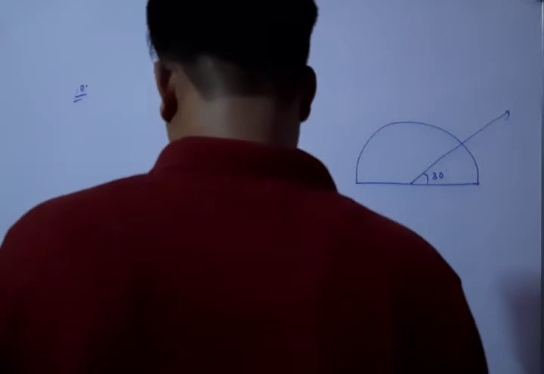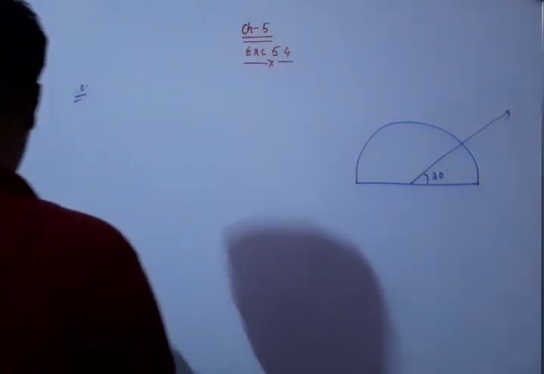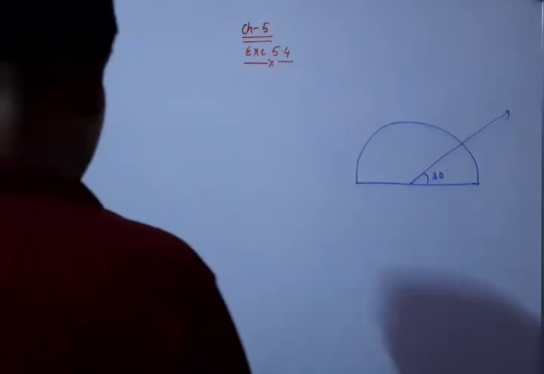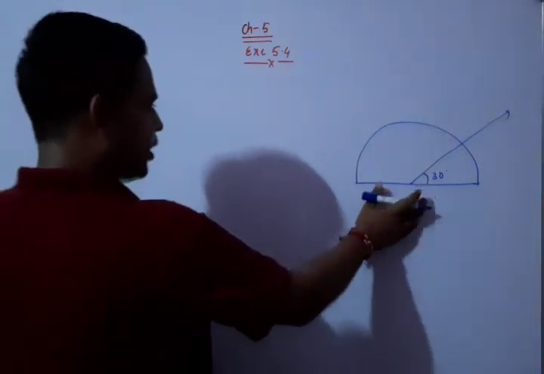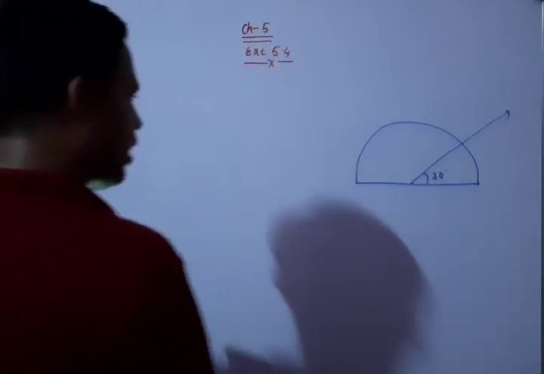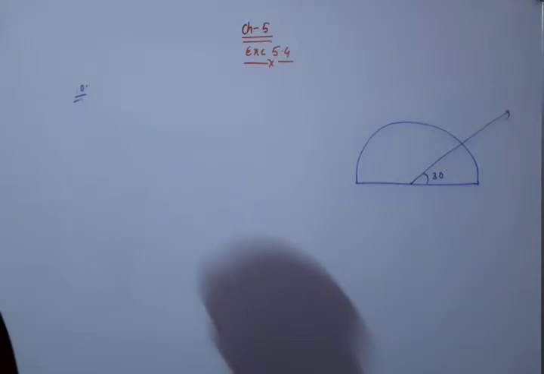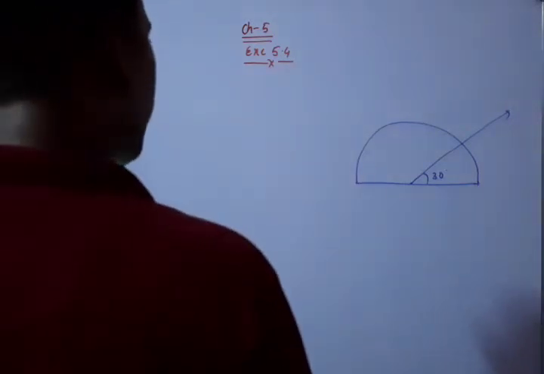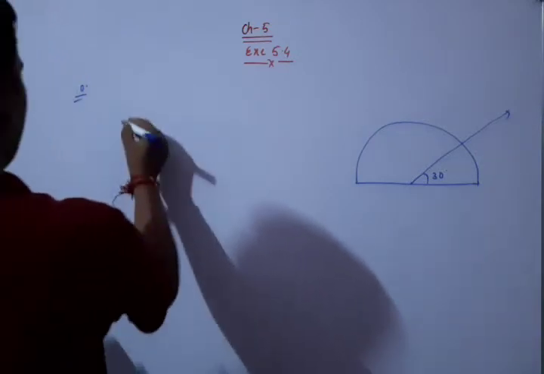Look at the same figure through a magnifying glass. Does the angle become larger? Does the size of the angle change? Now the angle drawn is 30 degrees and we have to use a magnifying glass to see. When we use the magnifying glass, will the value of the angle change?